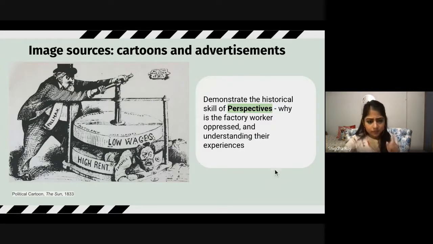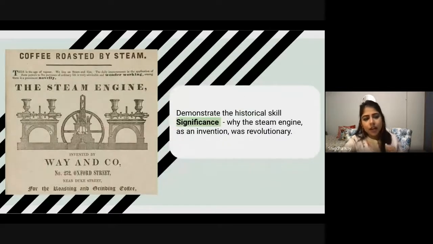Looking at another example, what you see here is an ad for a coffee machine which uses steam power. Now, this product was extremely popular in the early 1800s London. When we talk about the invention of the steam engine, what do we have in mind? We have steam powered railway locomotives, these huge engines that could be used for transport, and they would speed up trade and the transport of goods.